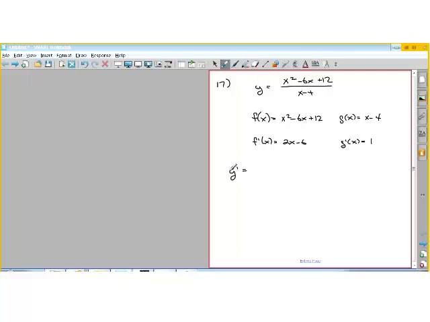So y prime is going to be 2x minus 6 times x minus 4 minus x squared minus 6x plus 12 times 1, all divided by x minus 4 squared.